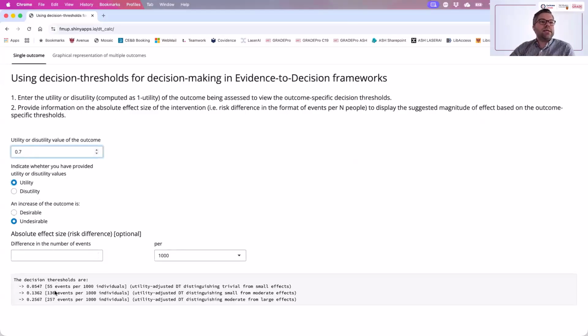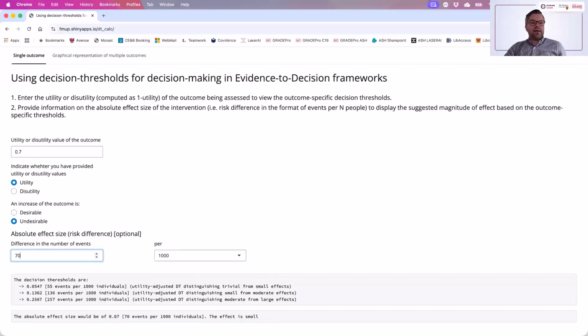So here we see the suggested decision thresholds for an outcome with a utility value of 0.7, which is an undesirable outcome. When there is more of the outcome, we can, for example, include here, if there were 70 events, it would be considered small, as 70 is beyond the threshold of 55, which is the threshold for going from trivial to small effects.